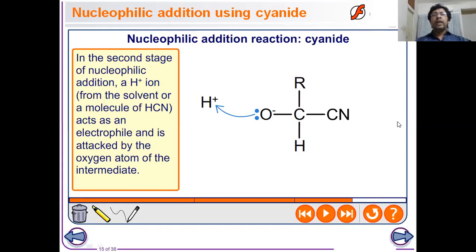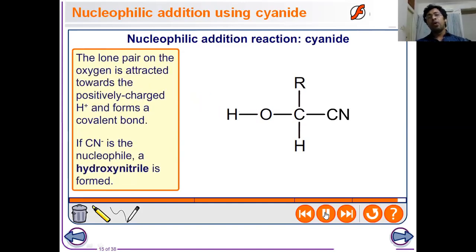So H plus will attack this oxygen atom and will make a bond, and by making this bond the ion will be removed, as oxygen has more electrons available and hydrogen has deficiency of electrons. So the H plus will be compensated by the lone pair of electrons of oxygen which was available here. In this way we will get this molecule. The name of this molecule is hydroxynitrile.